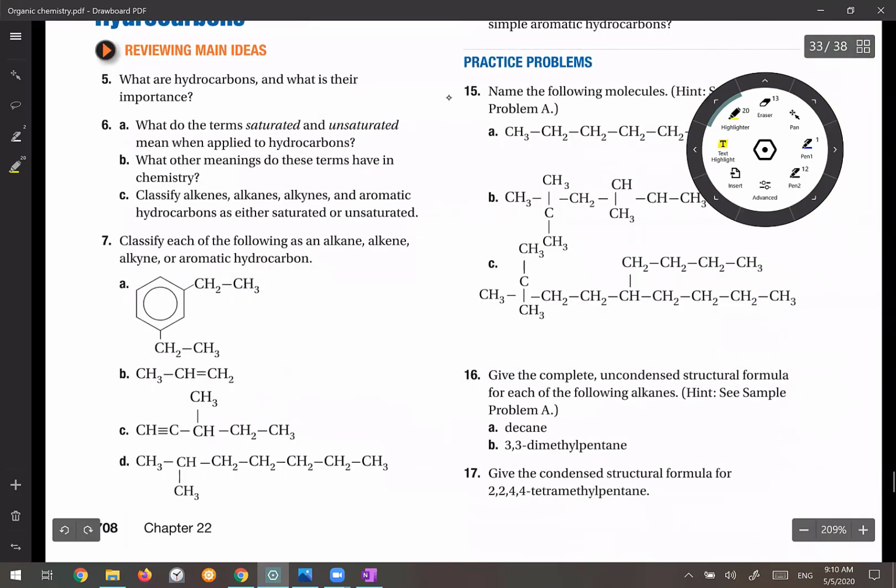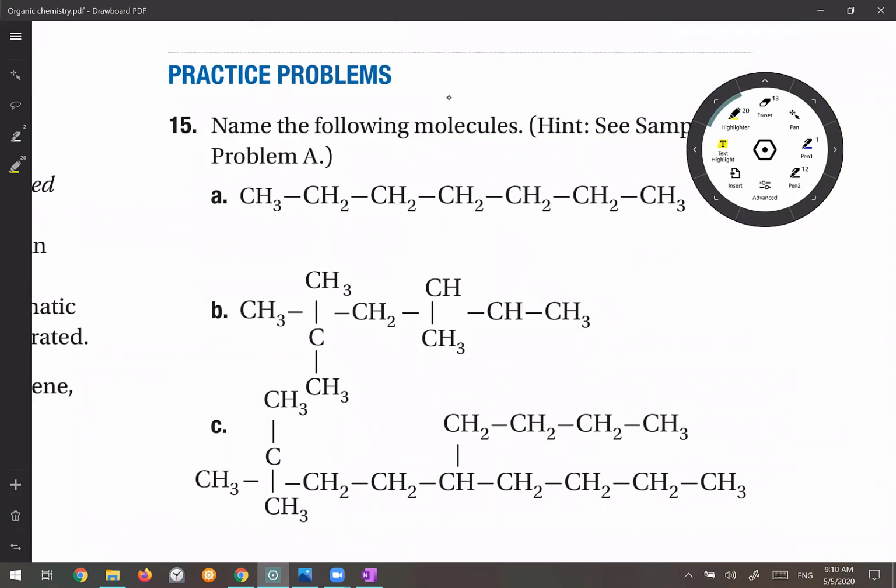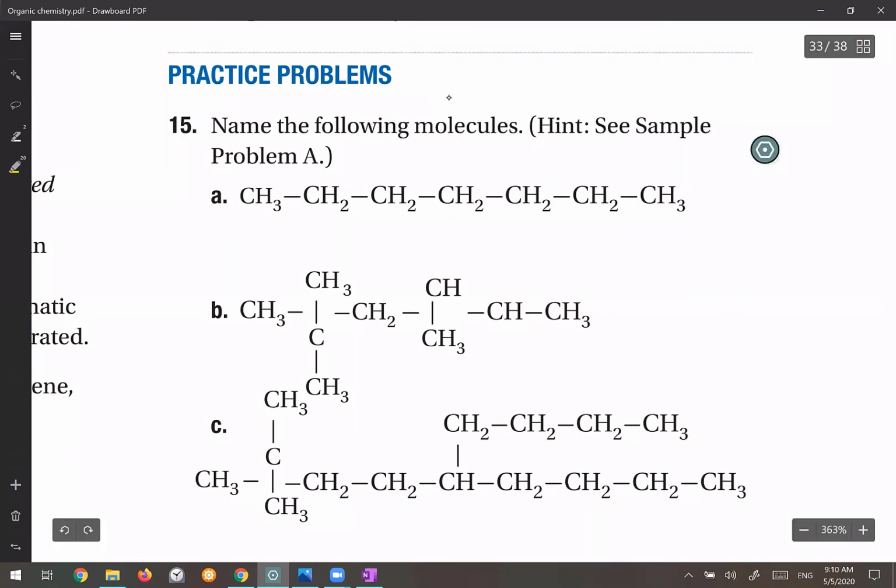15. Okay, these questions. It says name the following molecules. So when you look at these molecules, all of them are alkanes, because you have only single bond between the carbon. Okay, so let's start from part A. In the part A, you don't have any branch. You have a straight chain of the hydrocarbon.